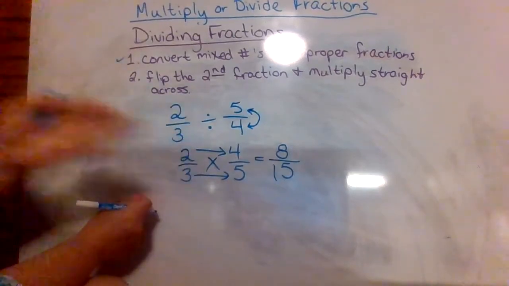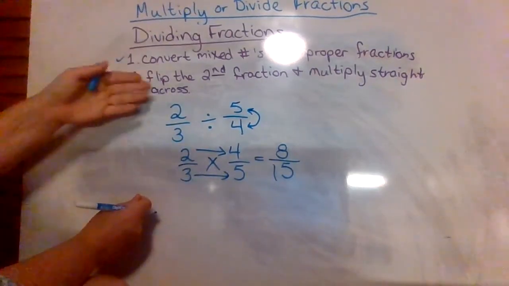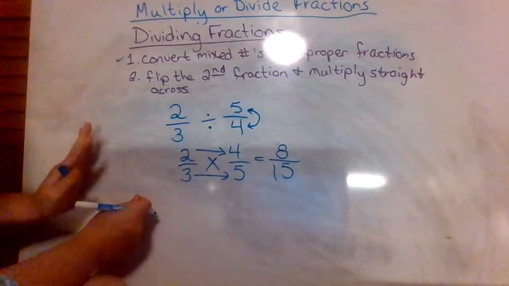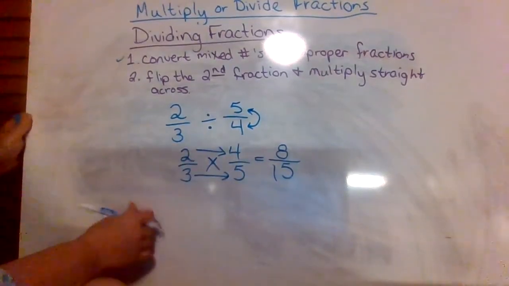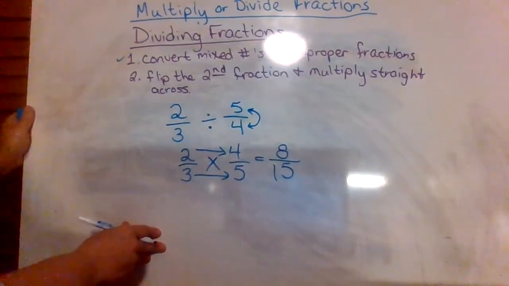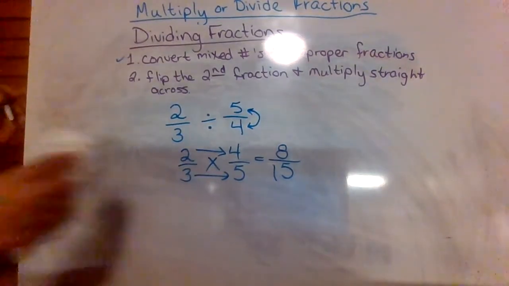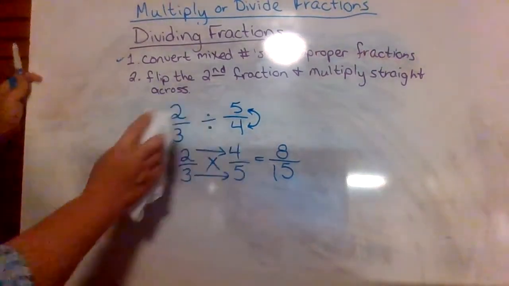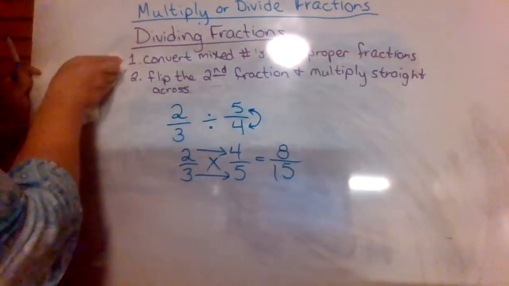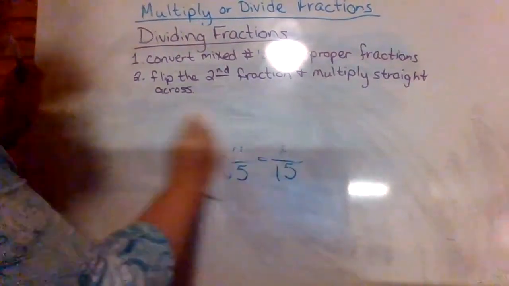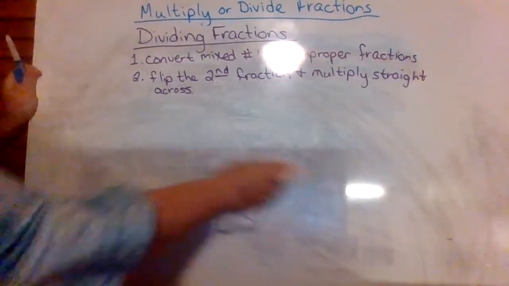So that is your answer, okay? And you didn't have any negatives up here, so we don't have to worry about that. So 8/15 is your answer. So that's that one. I'm going to erase it so I don't have to go so far down on my board and move my camera a lot. Now let's look at another one.